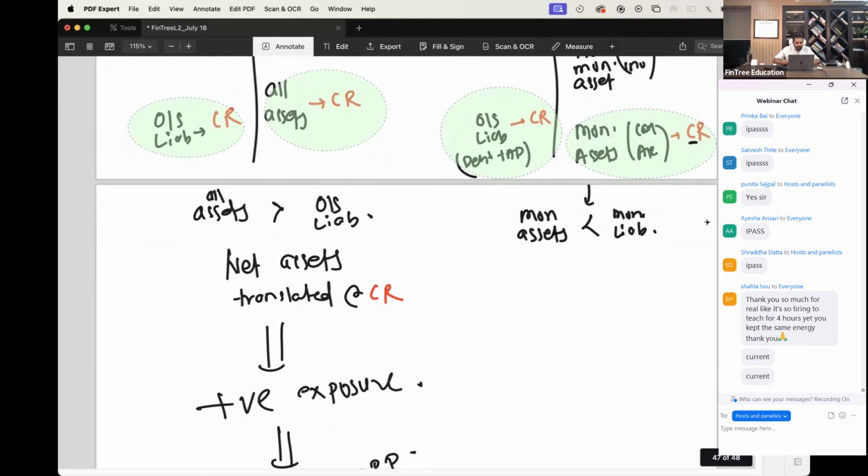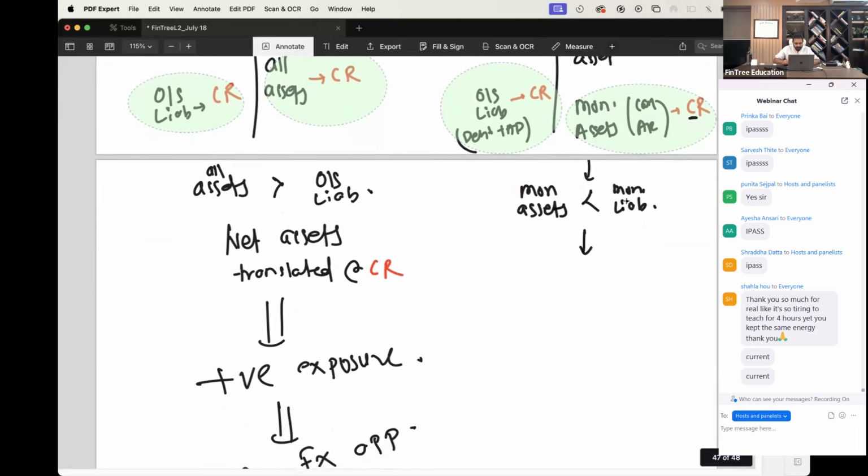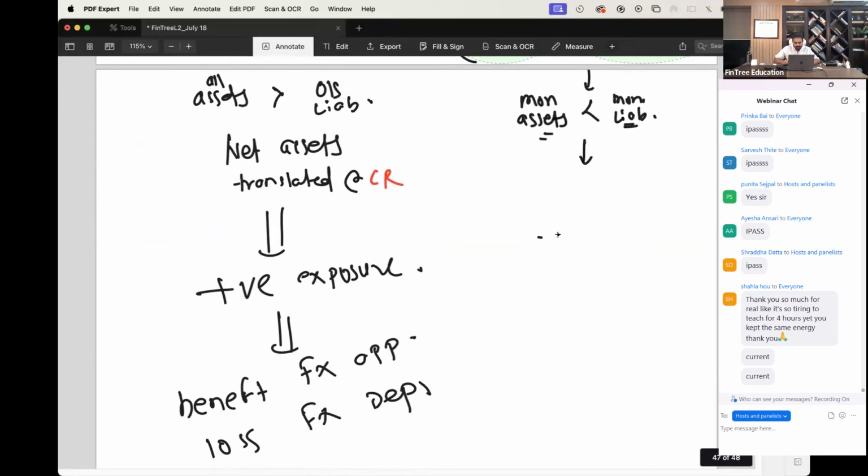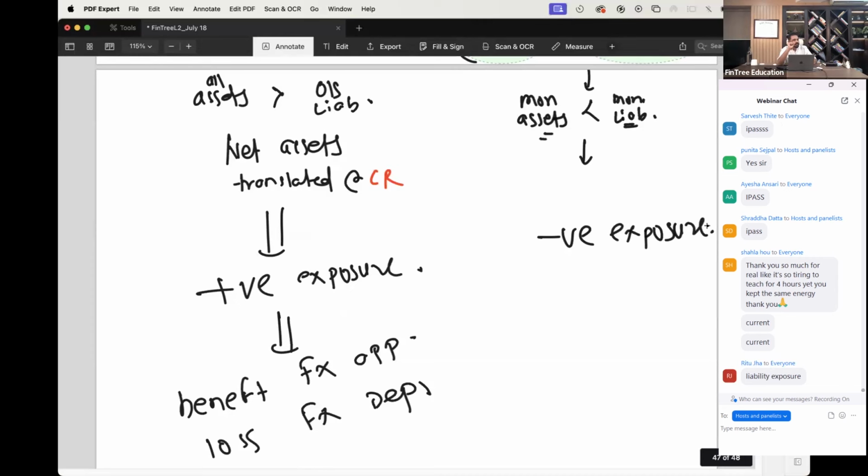Yes or no? So that means my liabilities are more, assets are less. So my net exposure is negative here under temporal method, because we are using only monetary assets at current rate, whereas I'm using all the liabilities at current rate.